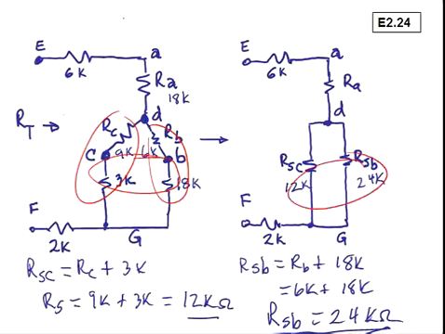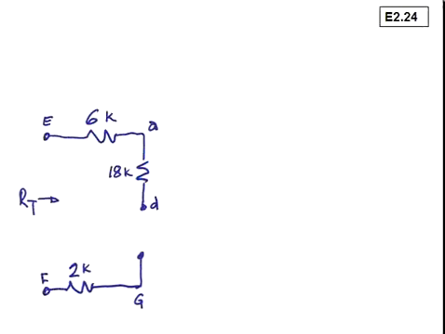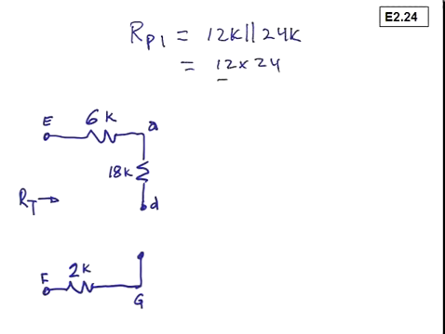We see now that we have a parallel combination of two resistors, 12K and 24K. So we can proceed with the next step in the analysis and say that RP1 is equal to 12K in parallel with 24K, which is equal to 12 times 24 divided by 12 plus 24, and that is equal to 18K.